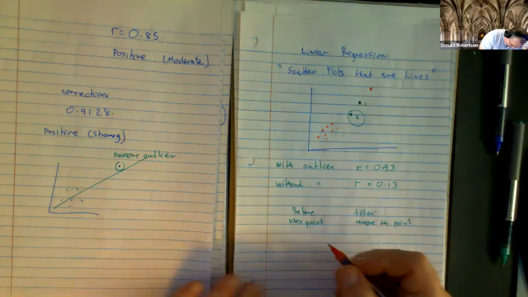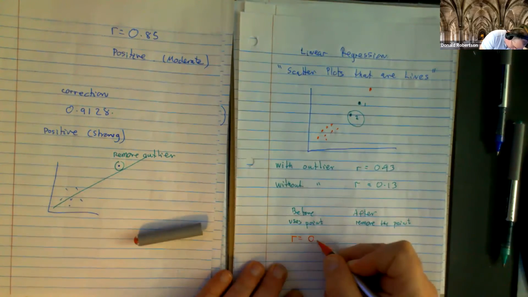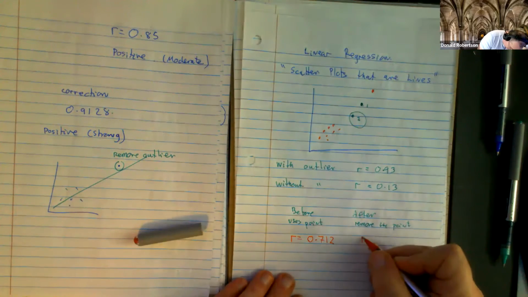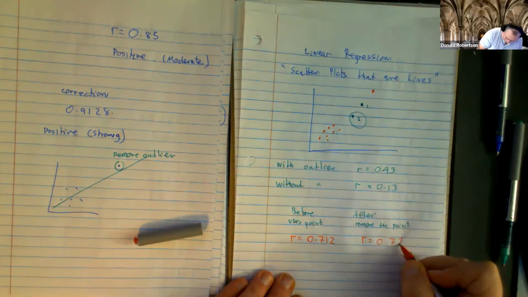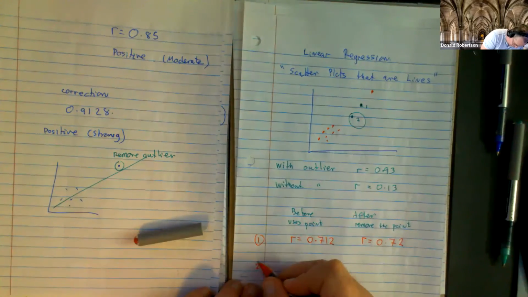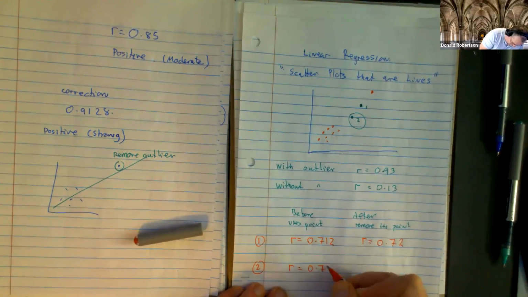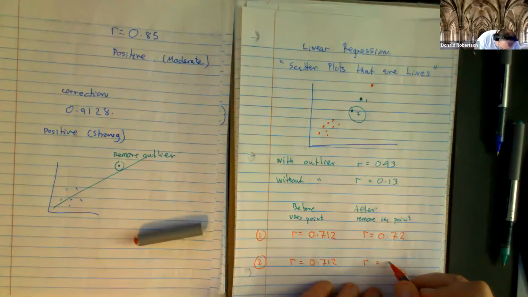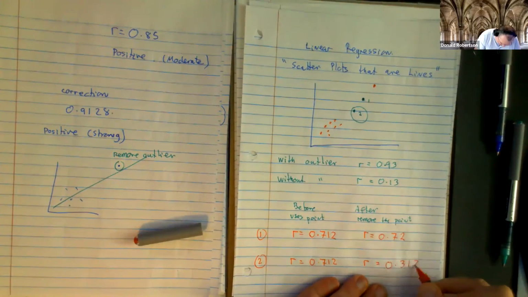And let's suppose if you didn't do anything to it, that the correlation coefficient was that, and then you removed the point and the correlation coefficient looked like that. That's situation 1. And here's situation 2. The correlation coefficient was that, and then you removed the point and the correlation coefficient became that.